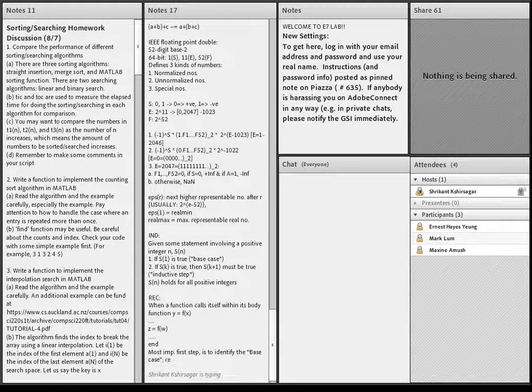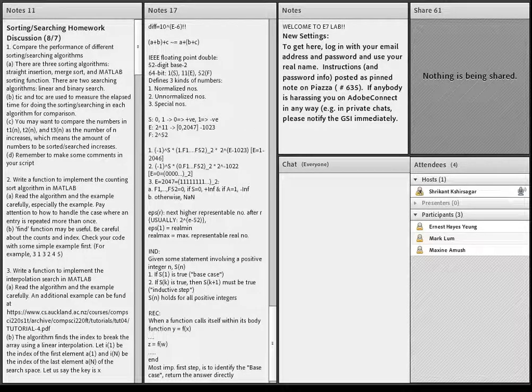Here you return the answer directly without calling the function itself. If you don't have the base case, you'll have an inception kind of situation, a dream within a dream within a dream. It's a function within a function within a function, and so on and so forth.